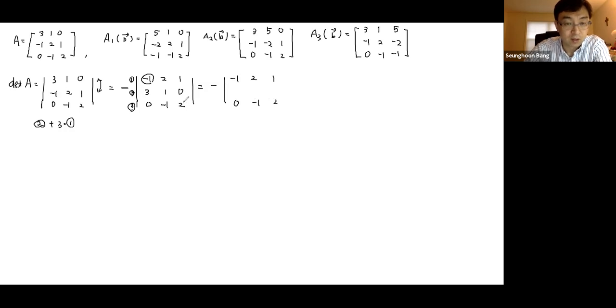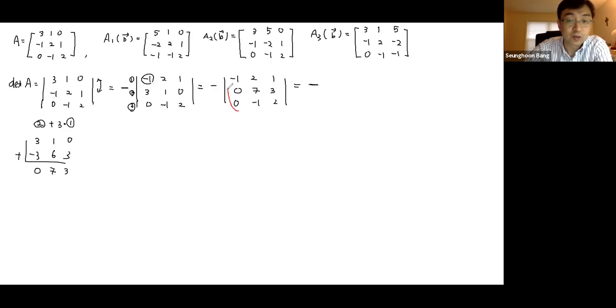You can replace: 3 plus negative 3 times -1 is 0. So here, the second row is 3, 1, 0, and 3 times the first row is -3, 6, and 3. You add it, so we have 0, 7, 3. Next, keep the negative. You can choose this one, so we have 2 zeros.